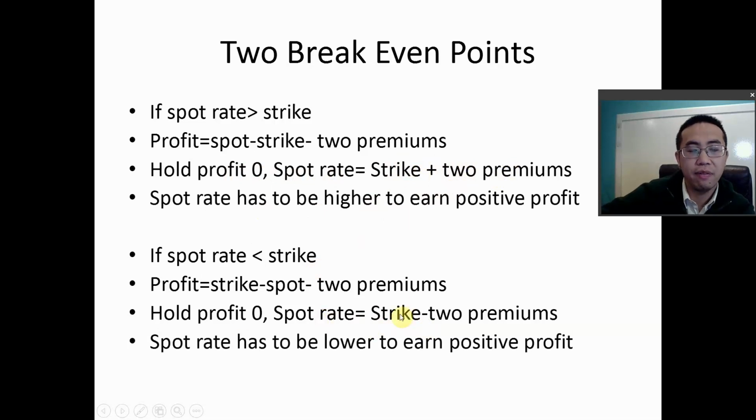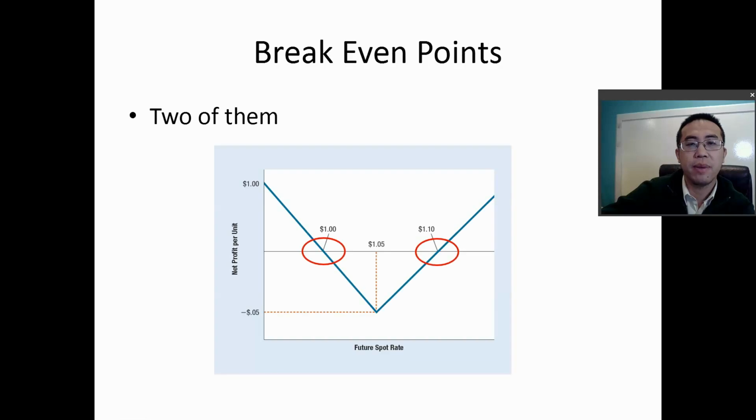And for the lower break even, the spot rate has to be lower than this break even in order to earn a profit. If you're not sure what I'm talking about, just get back to this chart, and you will see here's 1 break even point, here's another break even point. If spot rate is higher than the bigger break even point, you make money, or if the spot rate is lower than the smaller break even point, you also make money.